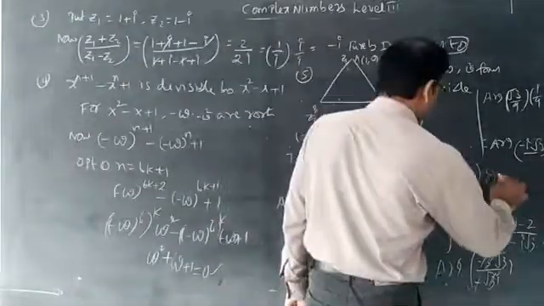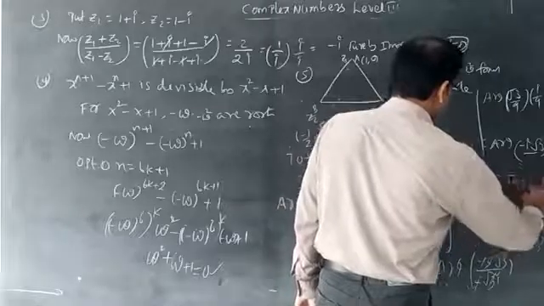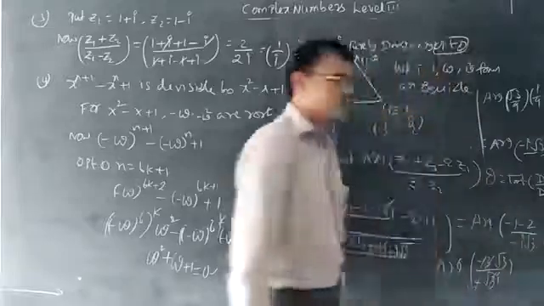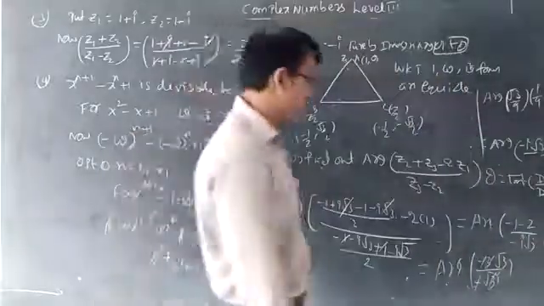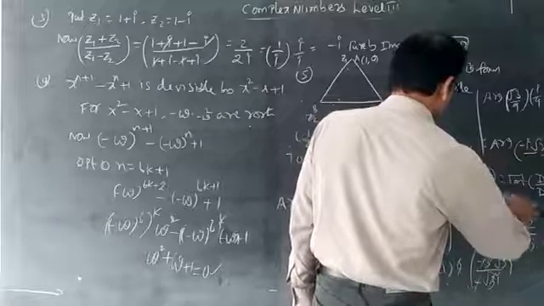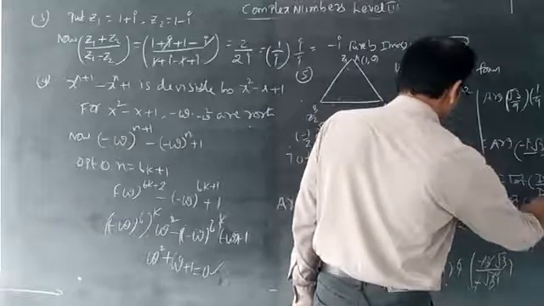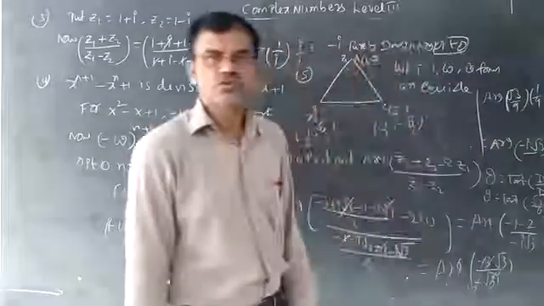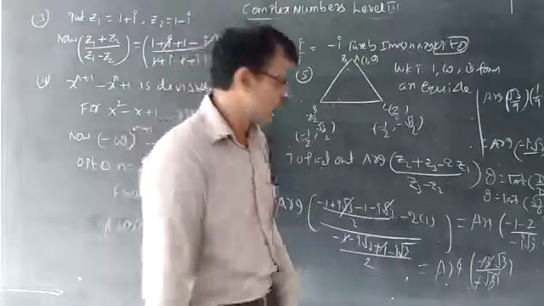Now for the argument we write theta is equal to tan inverse imaginary part by real part. There is no real part, so you can write root 3 by 0. Tan inverse root 3 by 0 becomes tan inverse infinity.